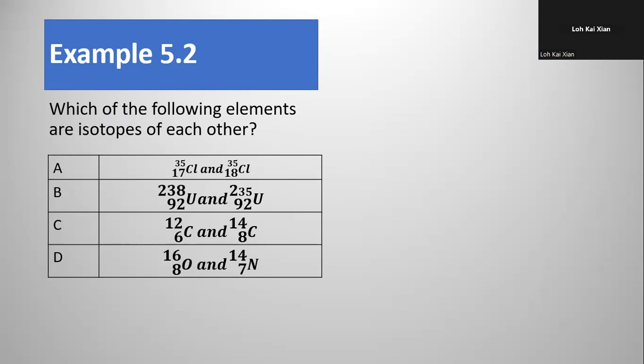A. No. Isotopes must have the same number of Z. This one, 92. Also, it will be B. It will be B, 92.